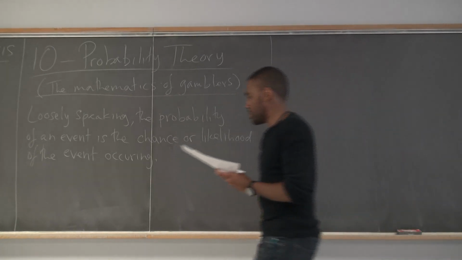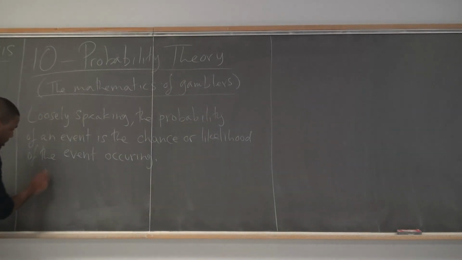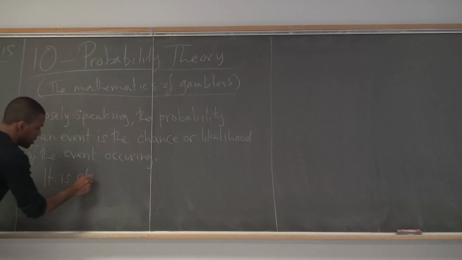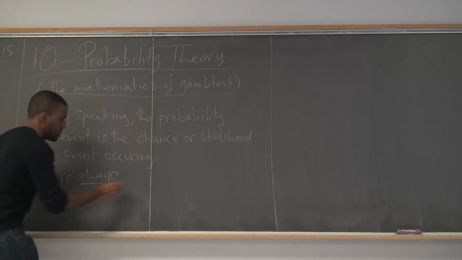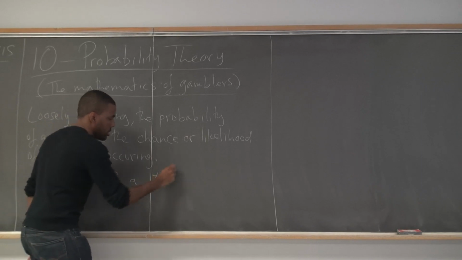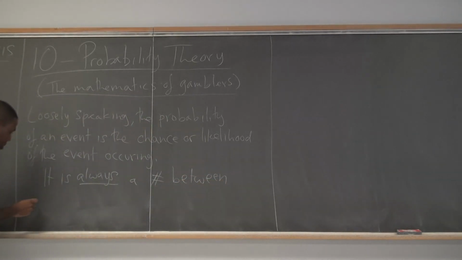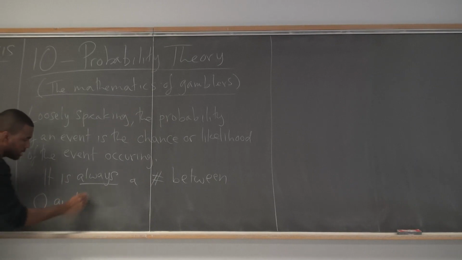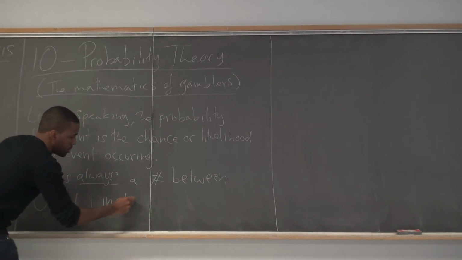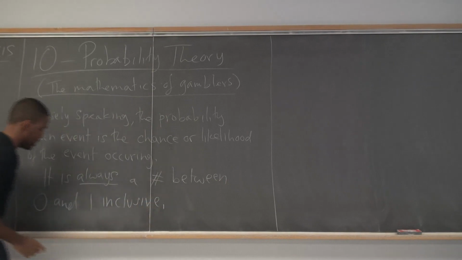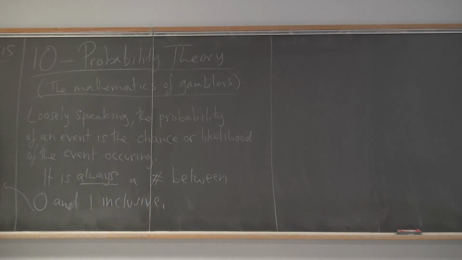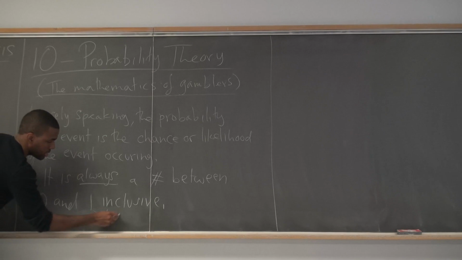Right? So what else do I want to say? It is always a number between 0 and 1 inclusive. Right? So 0 represents 0% chance, and 1 represents 100% chance, right?